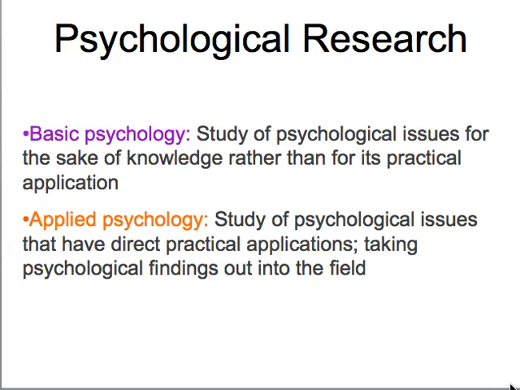A psychologist conducting applied research might tackle the question of what type of programs can be implemented to reduce violence in school settings. Psychologists can do basic or applied research, or they might decide to do both.